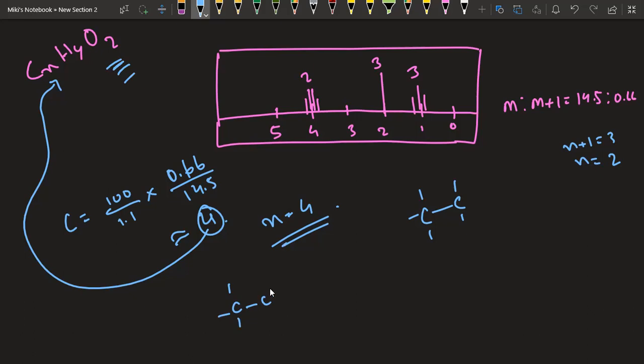Okay, let's try with that one. A possibility could be a carboxylic acid, just the normal one. There are a few possible carboxylic acids here. There could be a branching present here.